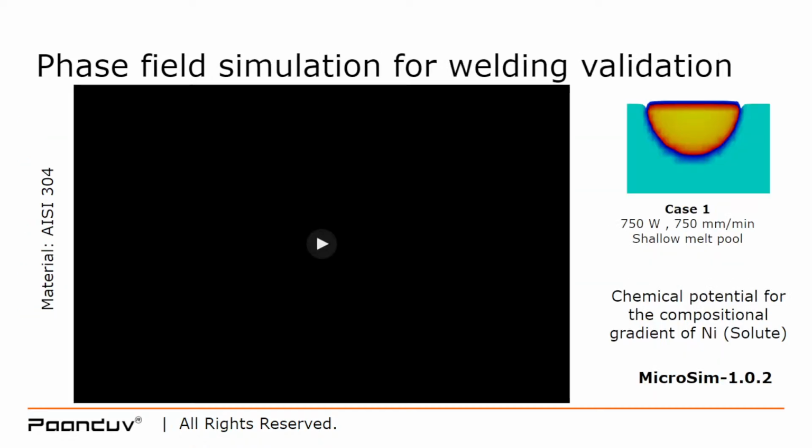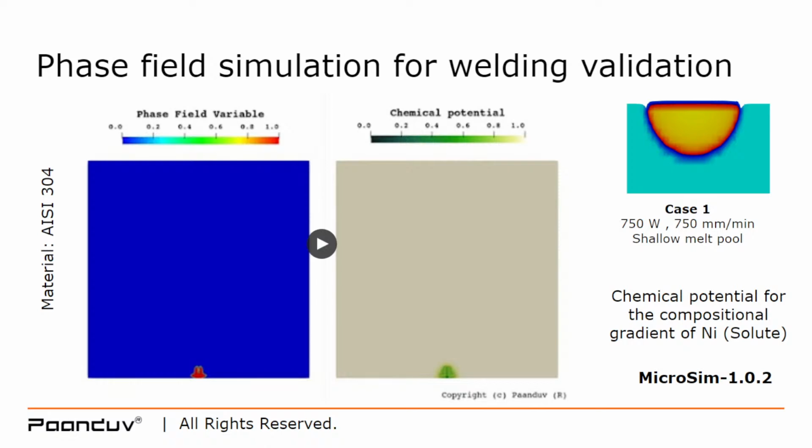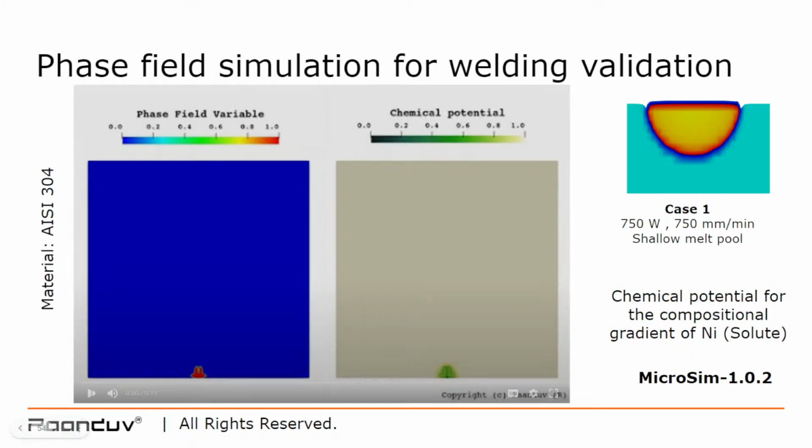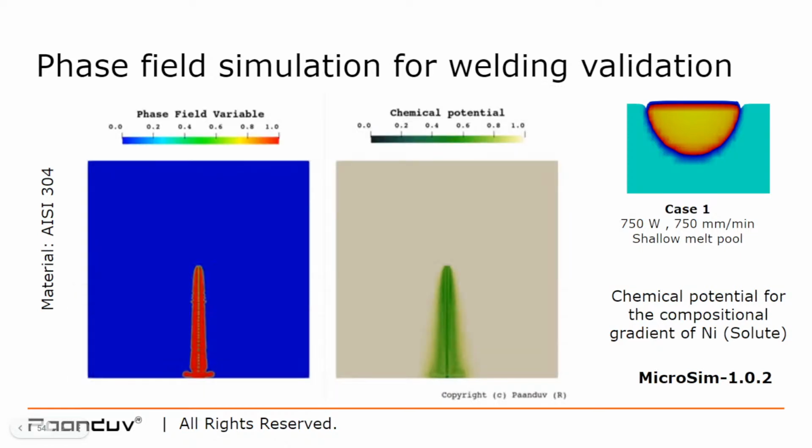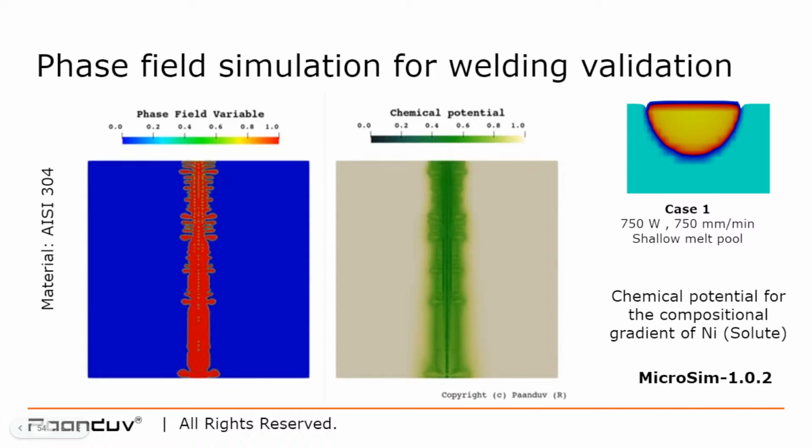On the next slide I will play a video. Remember the welding validation case that we had. For case 1, we ran a dendritic study of phase field simulation, and this is how the dendrites evolve. We provided a nucleation center, and this whole computational domain is inside a small part of the melt pool.